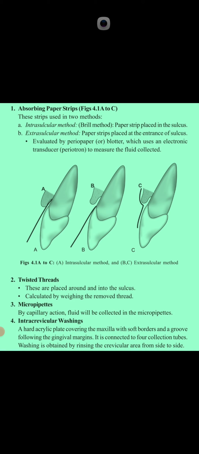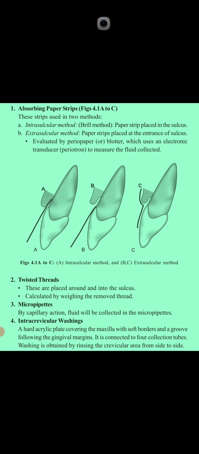The second is the extracrevicular method, in B and C, meaning at the entrance of the gingival crevice we place the strip. Then we evaluate it with perio paper or blotter, using an electronic transducer, the periotron, to measure the fluid collected. Meaning the fluid collected is measured with the help of an electronic device, the periotron.